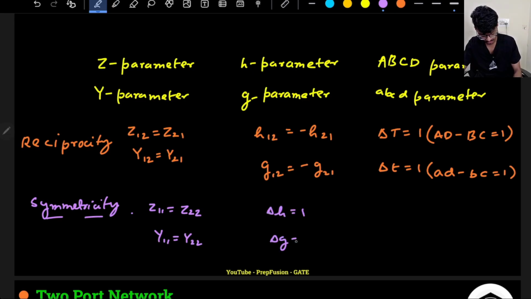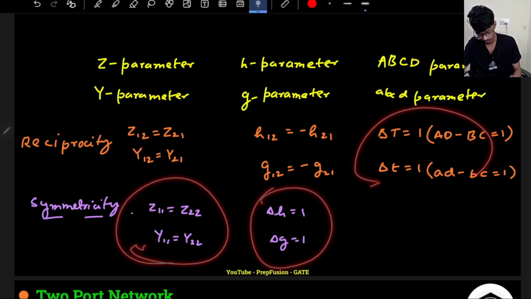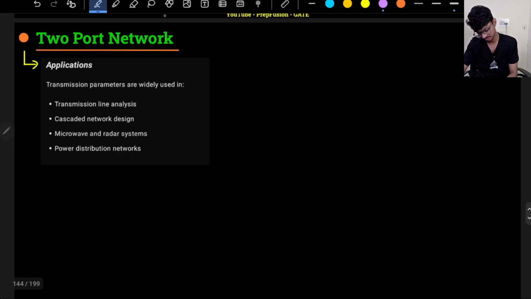Here my determinant of G equals 1. Here just the opposite, right? It will follow this one. Previously it followed the H parameter. Now it will follow the Y parameter. So for Y or Z parameters, the main diagonal elements must be equal. So the main diagonal elements are A and D. They must be equal. And in the small ABCD, it is small a equal to small d. Okay, so these are the things.